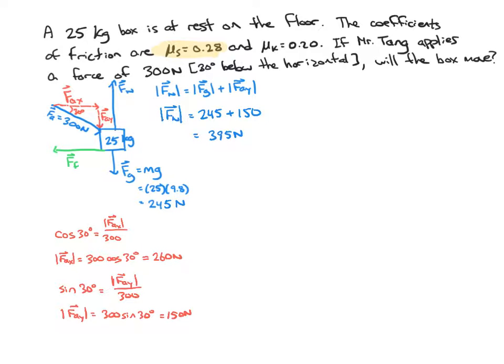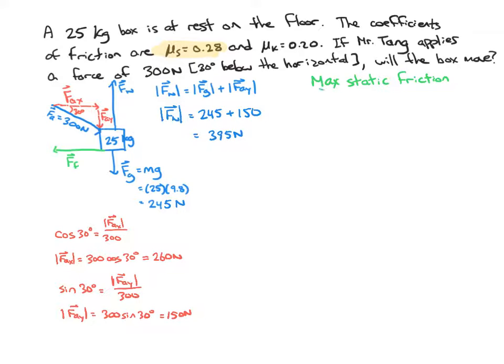And now that I know my normal force, I can find the force of static friction, the maximum static friction, that is. Remember, static friction is a range of values, or it can take on a range of values.